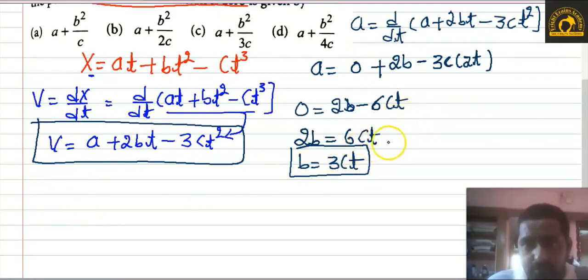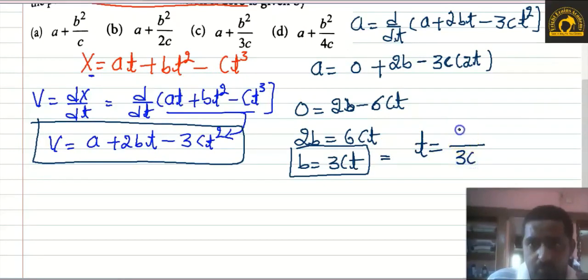So t is equal to b divided by 3c. Put on v, velocity. This is the velocity equation.